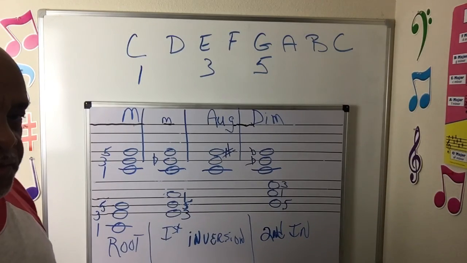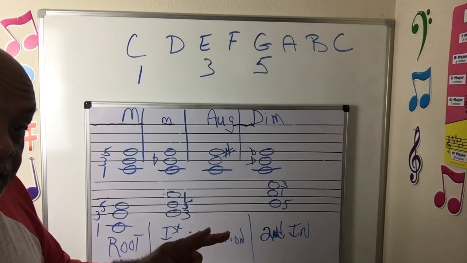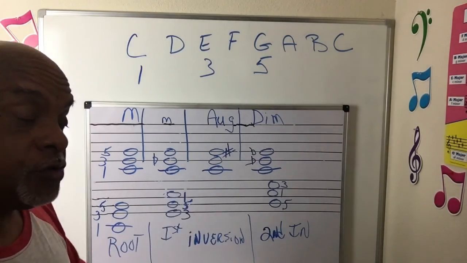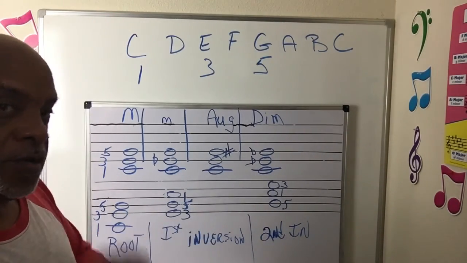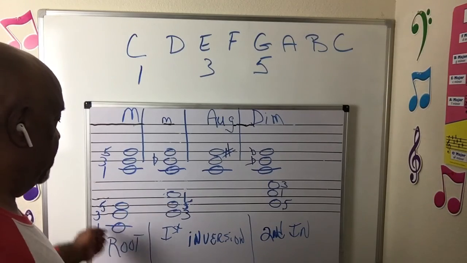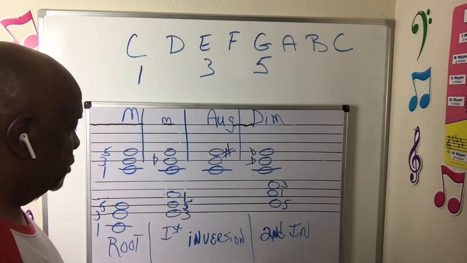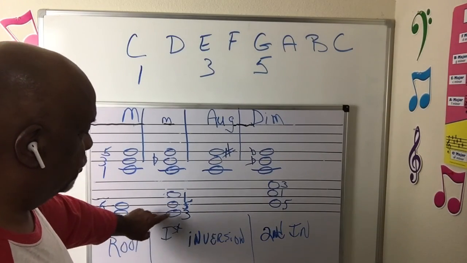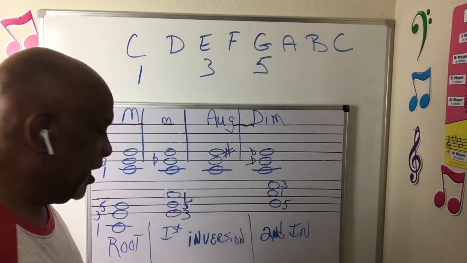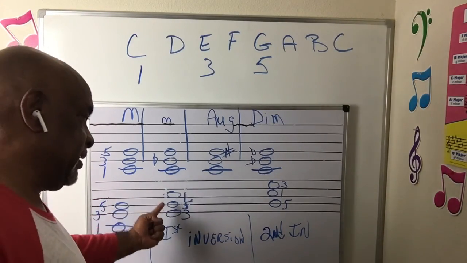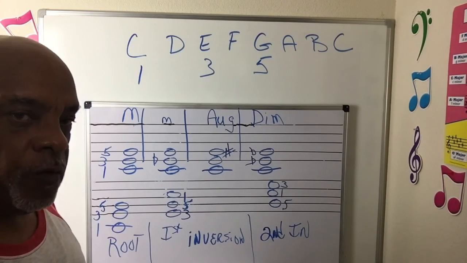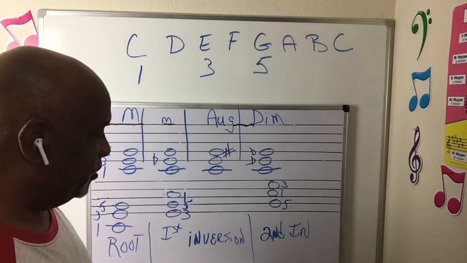In order to get first inversion, you start with the third, which in this case is E. So first inversion would be 3, 5, 1, and in the key of C that's E, G, C. That's first inversion.